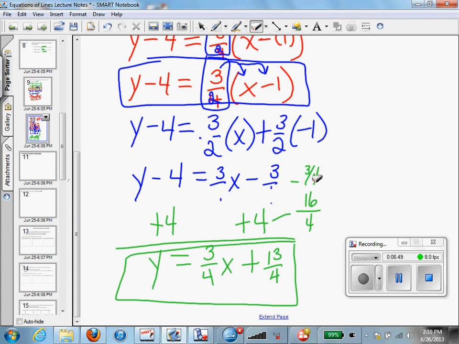And when you add the 4 to both sides, instead of thinking of it as 16/4, you think of it as 8/2, because that would reduce to 4. So when you finally do your simplification, you should get for the y-intercept 5 over 2. Sorry about that mistake.